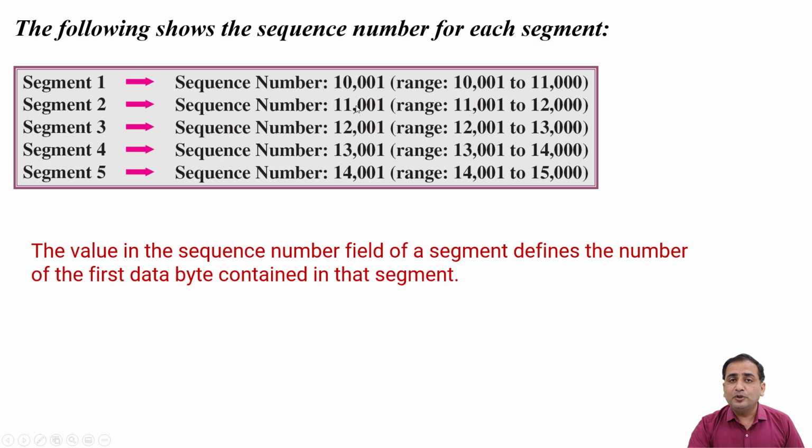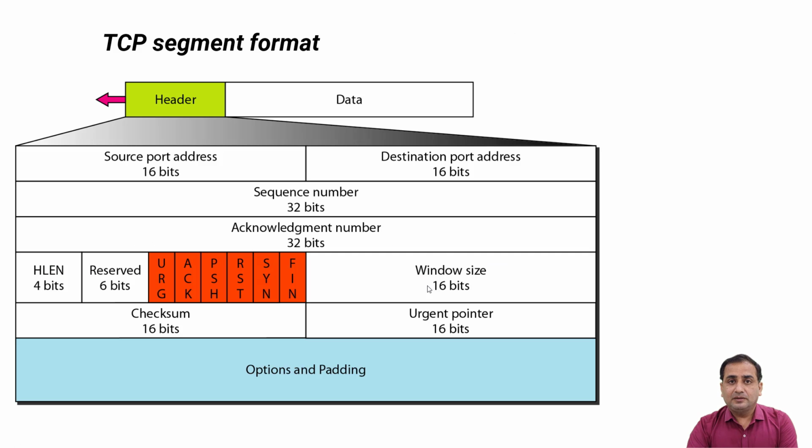Similarly, you look at segment 2, because segment 1 ended at 11,000, I'm supposed to start segment 2 at 11,001. Right, so whatever the first byte number that you have in a segment, that's supposed to be the sequence number, right? The value in the sequence number field of a segment defines the number of the first data byte contained in that segment. That's very important, right? So for every byte you are consuming one sequence number.